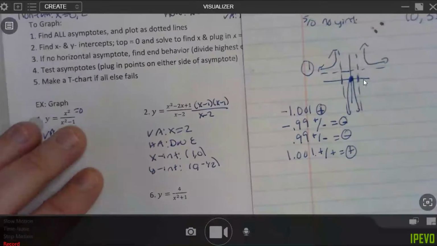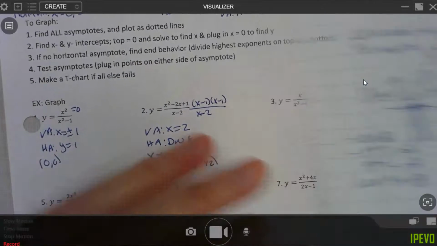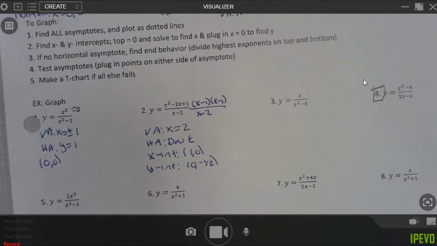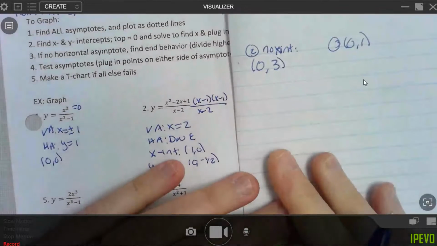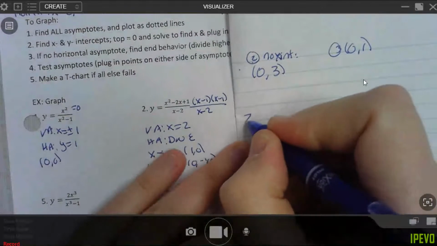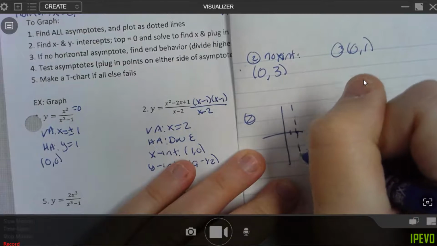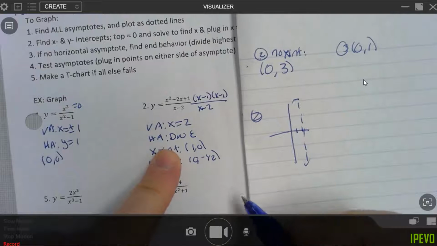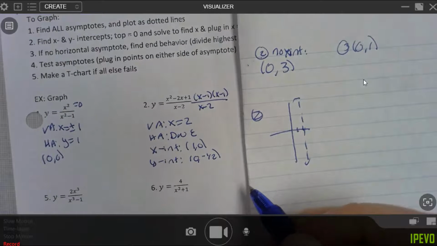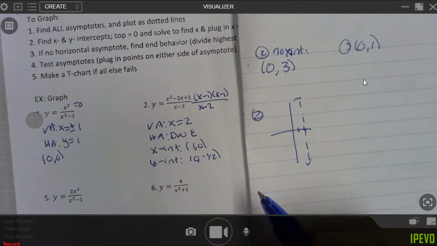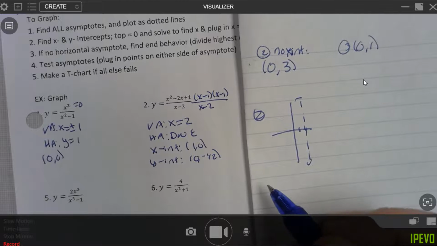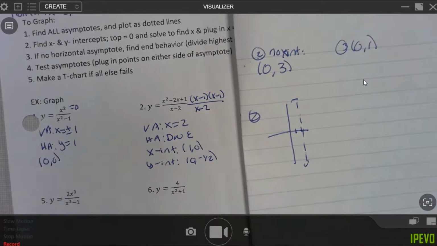So for number 2, when we graph, I'm going to fold my paper. So for number 2, I'm going to plot my vertical asymptote. So when there's no horizontal asymptote, I have to do end behavior. And all that means is that you divide the highest on top with the highest on bottom, and you get what your behavior is going to look like.